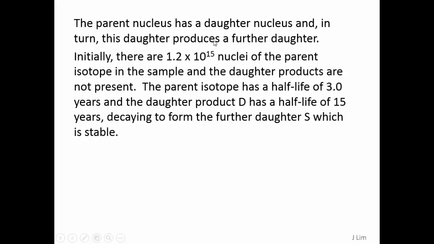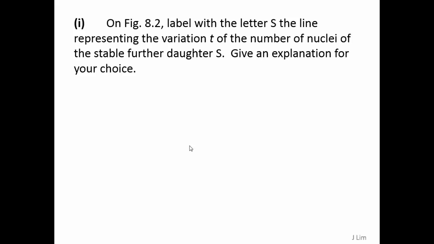So the parent nucleus gives a daughter nucleus, and in turn this daughter produces a further daughter. Initially, there are 1.2 times 10 to the power 15 nuclei of the parent isotope in the sample, and the daughter products are not present. The parent isotope has a half-life of 3 years, and the daughter product D has a half-life of 15 years, decaying to form further daughter S, which is stable.